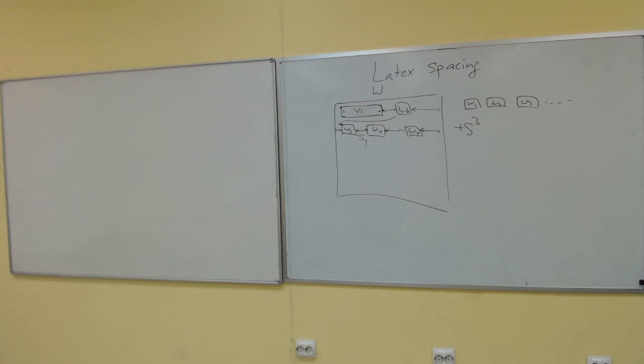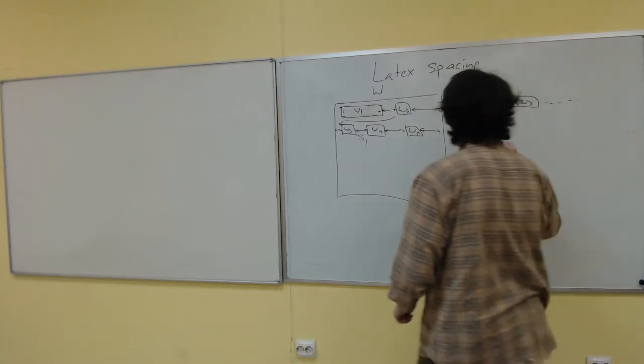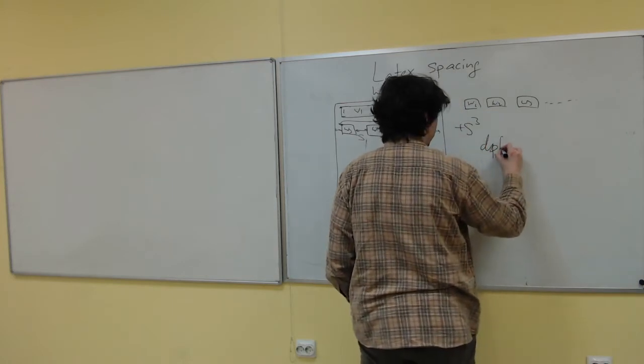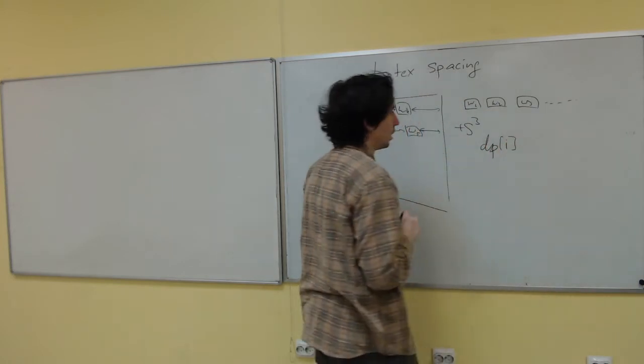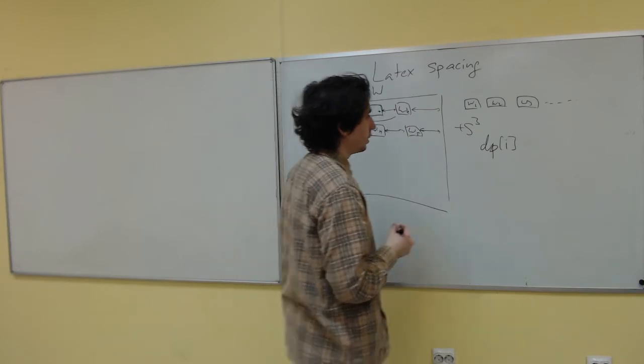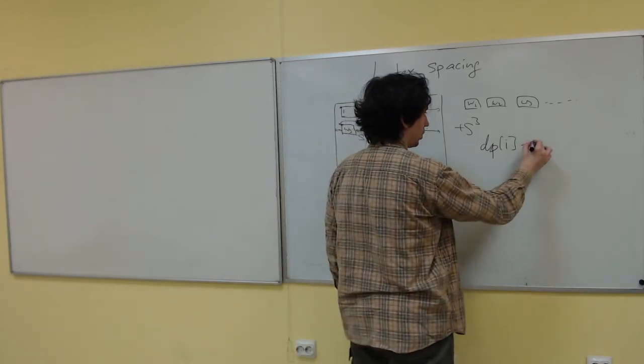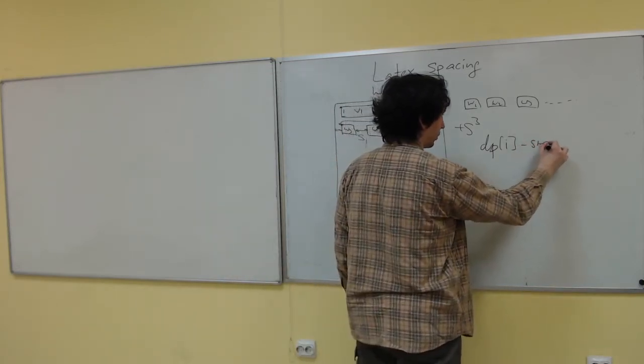Well, then maybe we could just take the word number. Yeah, that's good. So the dp will be dp of i. Is there smallest penalty of what?